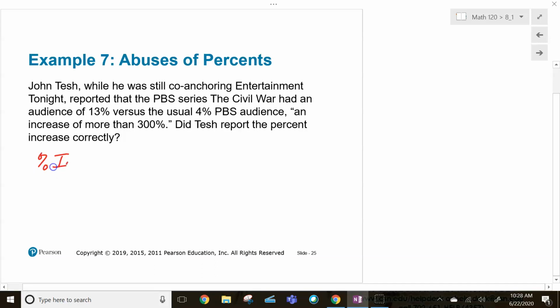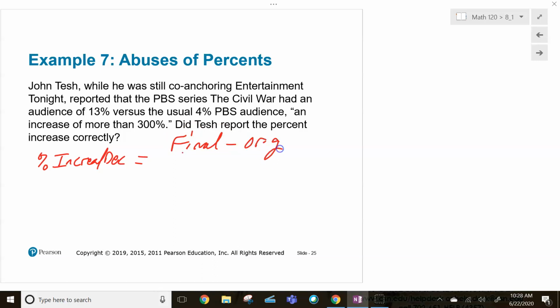All right, so percent increase, decrease is final minus the original, dividing by what you're comparing it to, the original. So it's saying it went up to 13%, starting at a typical 4%, comparing that to 4%.